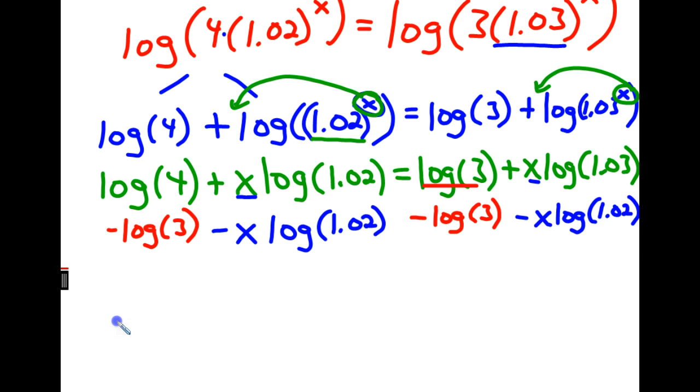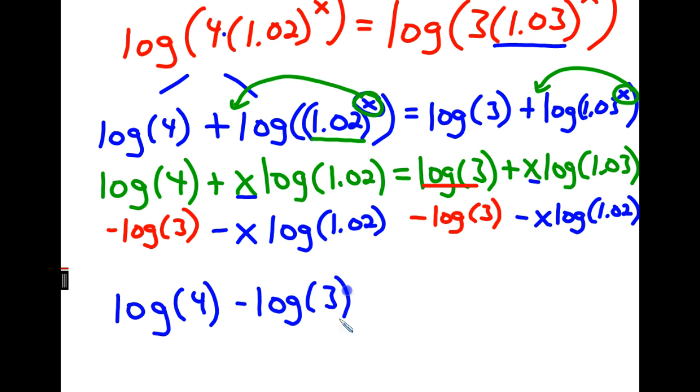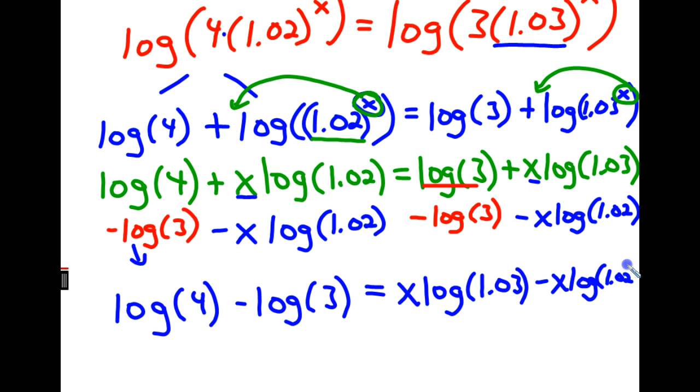So what am I going to end up with? On the left-hand side, I'll have the log base 10 of 4 minus the log base 10 of 3, right? This part right here. On the right-hand side, I'll have x log base 10 of 1.03 minus x log base 10 of 1.02.